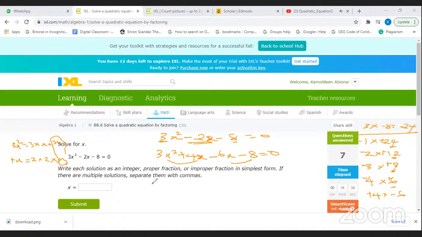So only x is common. Up we have 3x remaining. Down we have 4. So that will be plus 4.